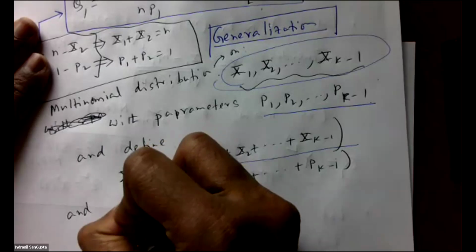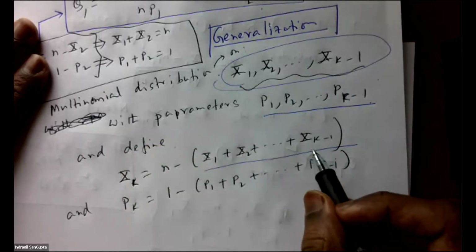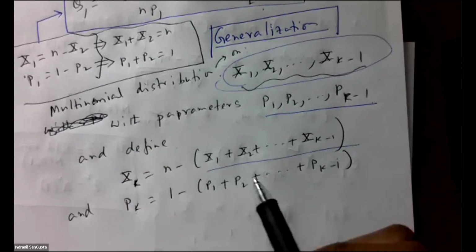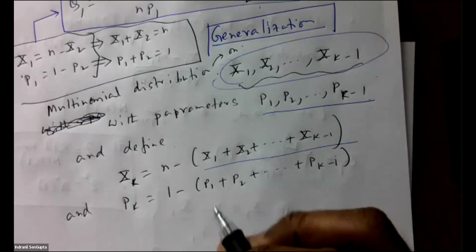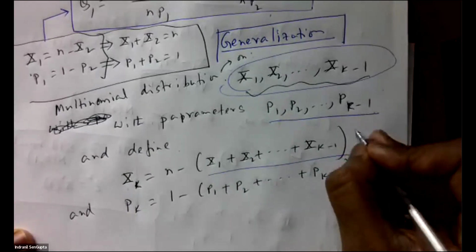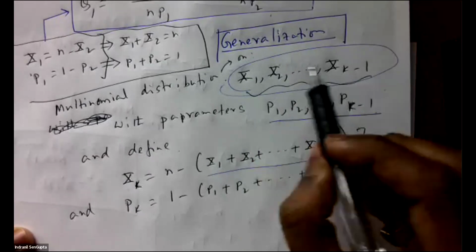Previously we did a special case of this for k equals 2, with X1 and X2 defined this way.